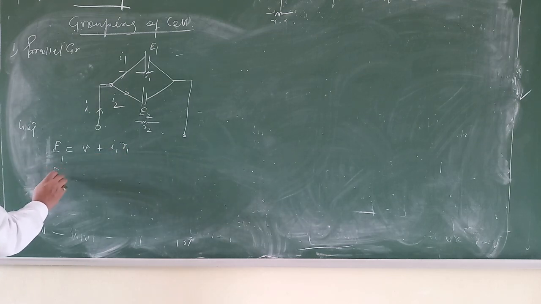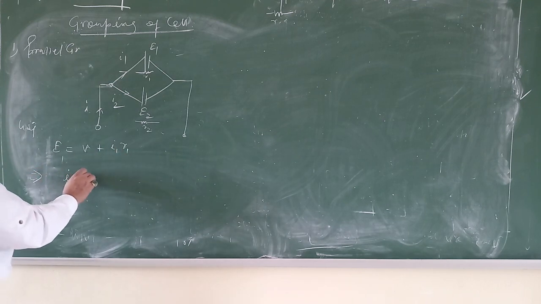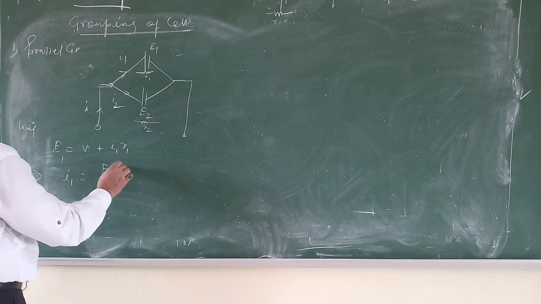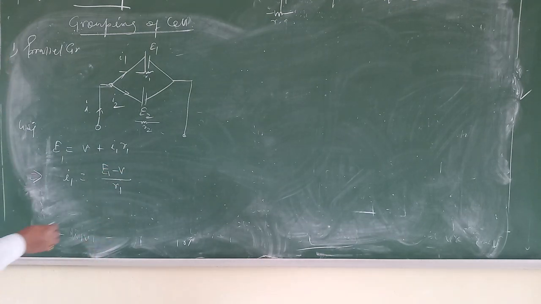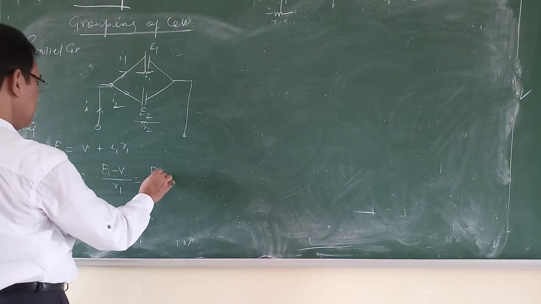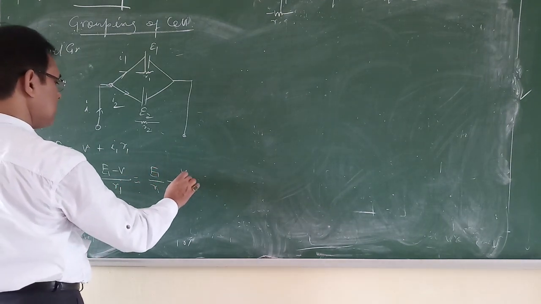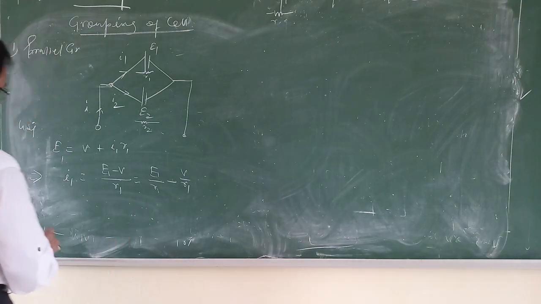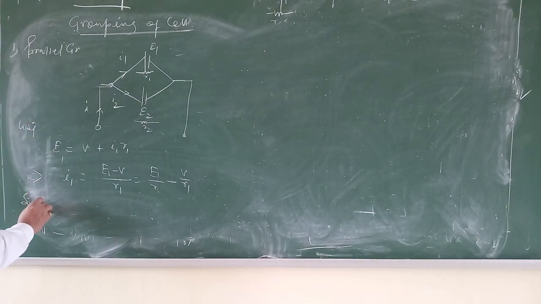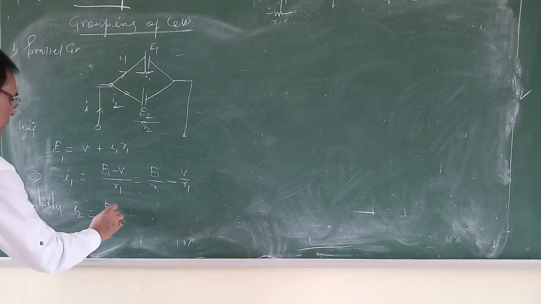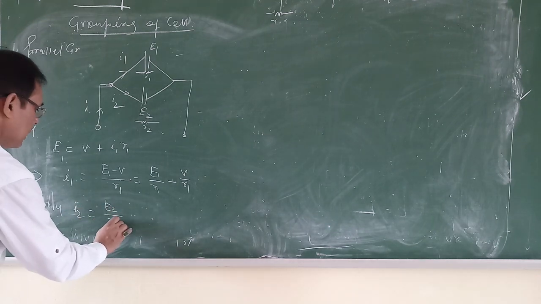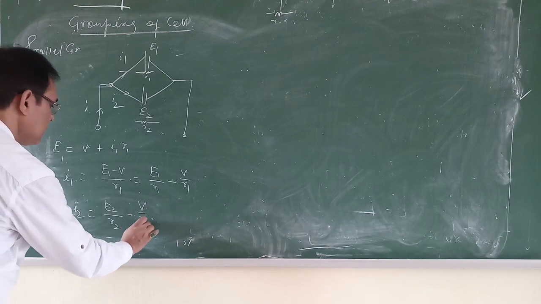Similarly, from here you find I1. So I1 equals E1 minus V by R1, or you can write E1 by R1 minus V by R1. Similarly, I2 equals E2 by R2 minus V by R2.